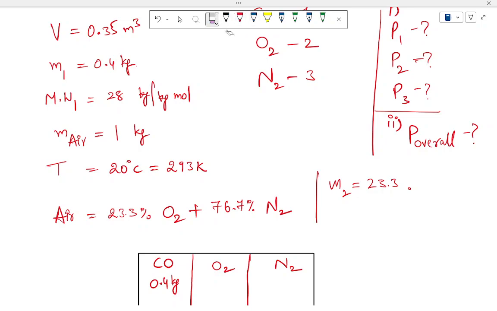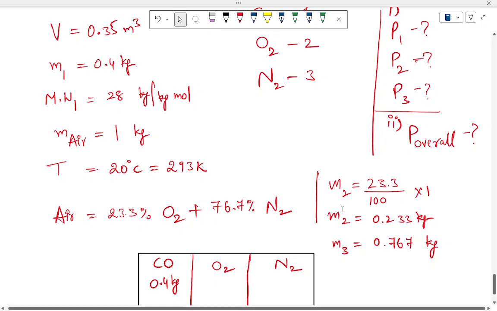So I can write this as by 100 into 1. So that will be giving me M2 equal to 0.233 kg. And similarly if I do for M3, for 76.7%, I will get 0.767 kg.